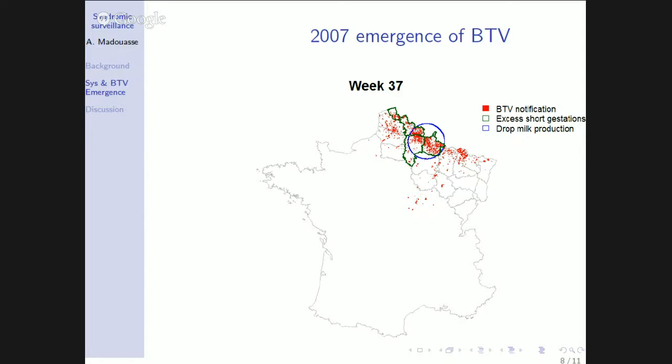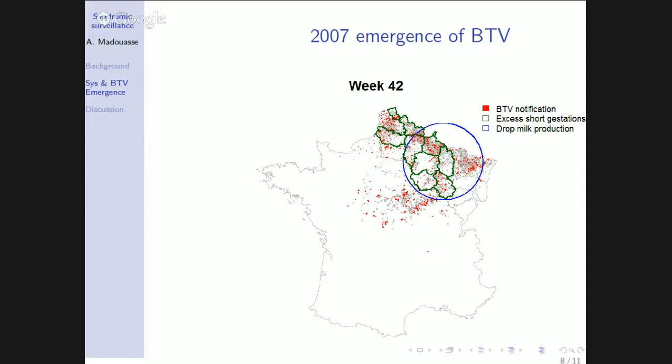Which means that we had both excess of short gestations and low milk production in this area. This continues to progress, and we get a larger circle for milk production.